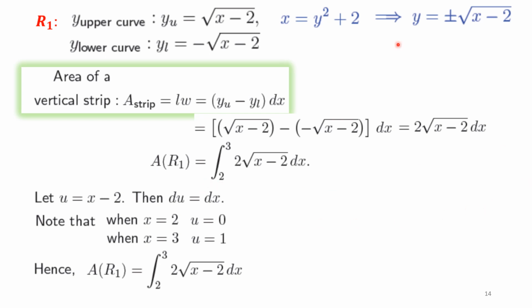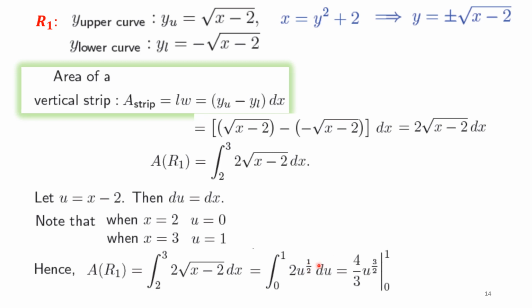Instead of 2 to 3, 2 square root of x minus 2 dx, that becomes from u equal to 0, when x equal to 2, to u equal to 1, when x equal to 3. Then 2, this one is replaced by u to the 1/2 du. But from our integral formulas, if this is our n, that's 1/2 plus 1 will give us how many?